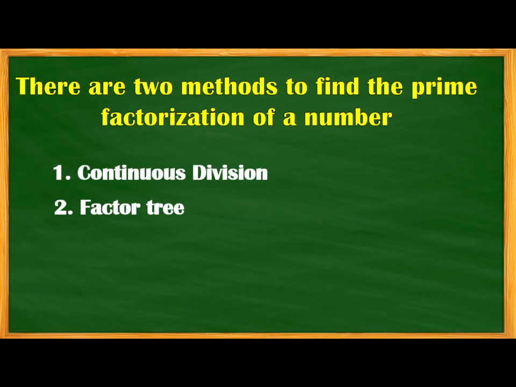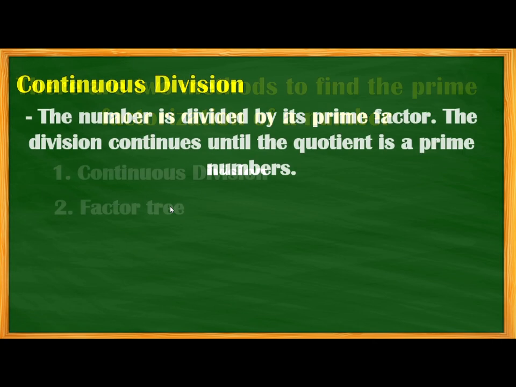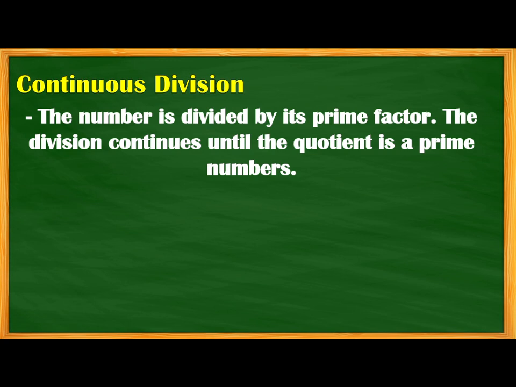These are the two methods to find the prime factorization of a number: using continuous division and factor tree. Let's start with continuous division.